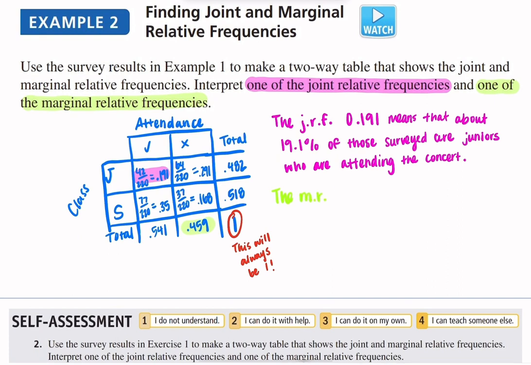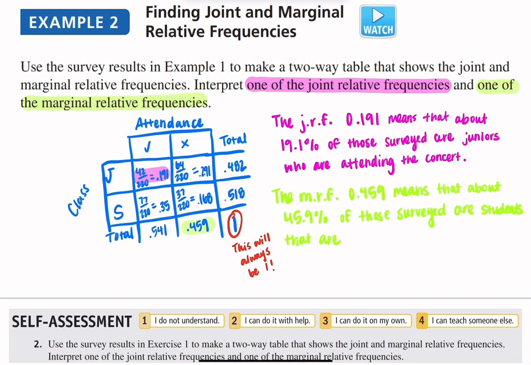The marginal relative frequency, 0.459, means that about 45.9% of those surveyed are students that are not attending the concert, because we're looking in this column right here.